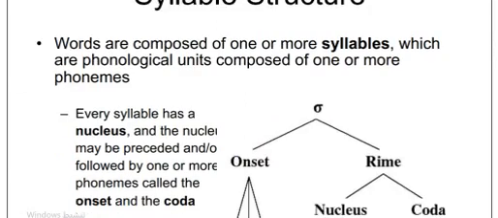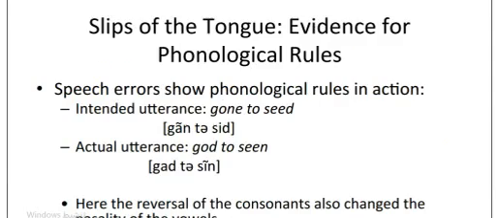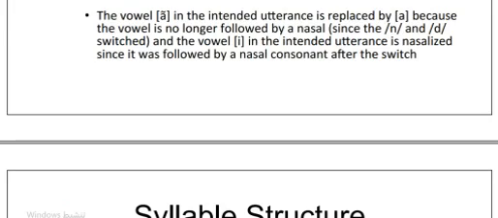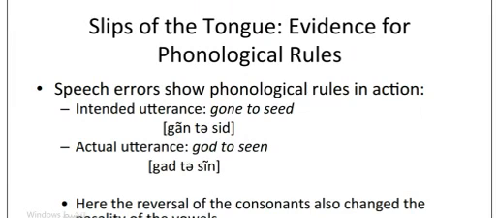Before that, we need to understand this point: the vowel intended in entrances is replaced by a, because the vowel is no longer followed by a nasal. There is no nasal sound here. That's why we utter it like this. Gantaseed. We cannot say ganaseed. Gantaseed and got to seen.